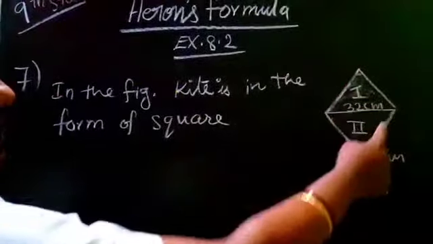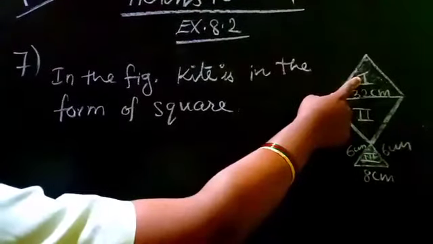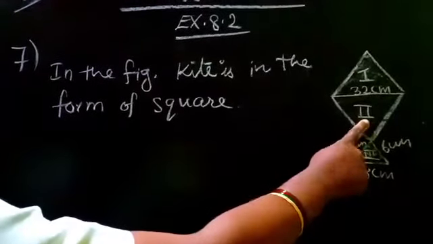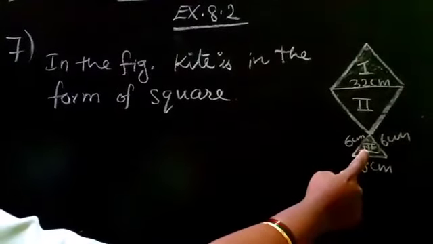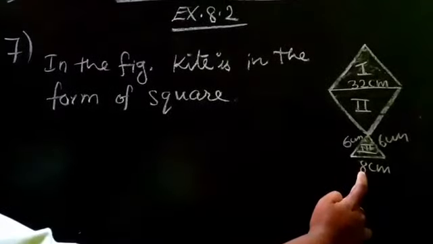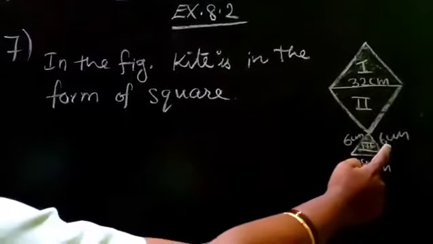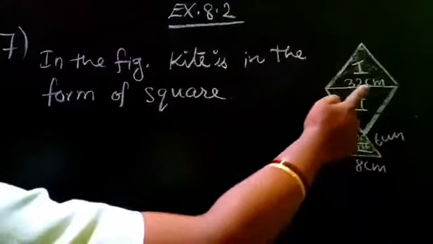This kite is in the square form. They have given the first color, the second different color, and the third a different color. In the isosceles triangle, the base is 8 centimeters and the other two sides are 6 centimeters. But in the square they gave only one diagonal.